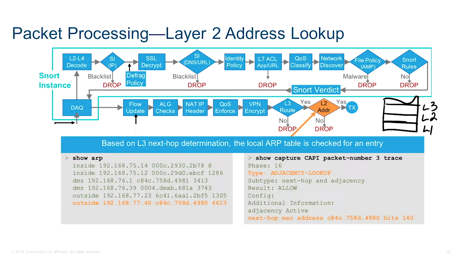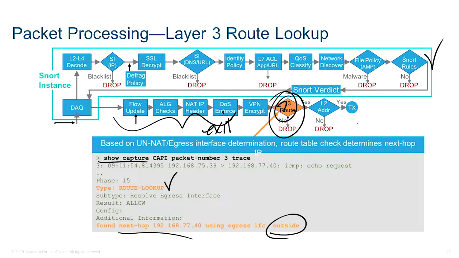Guys, the network layer right here is what provided us with our next hop IP address based upon our destination subnet. Well, it also provided us with our egress interface. So excuse me for one moment, let me just back up. My next hop, that's layer 3 information. My egress interface, that's layer 1 information.